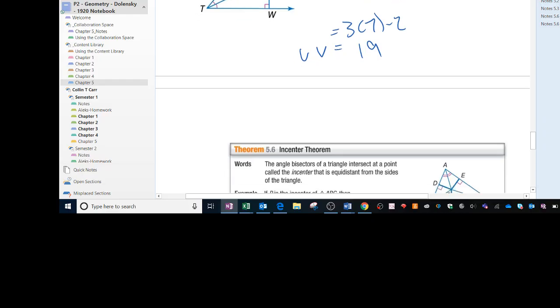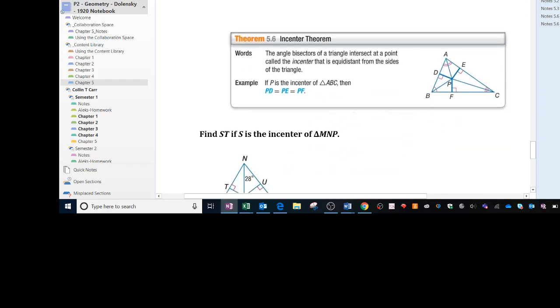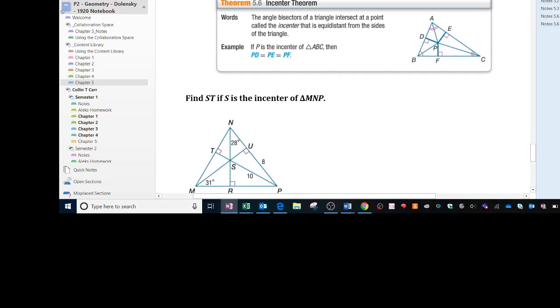All right, the incenter. The incenter is similar to the circumcenter. Circumcenter is a point where I can draw a circle around the outside, therefore it touches all the vertices. This one is when I get my point in the middle, I can inscribe a circle.